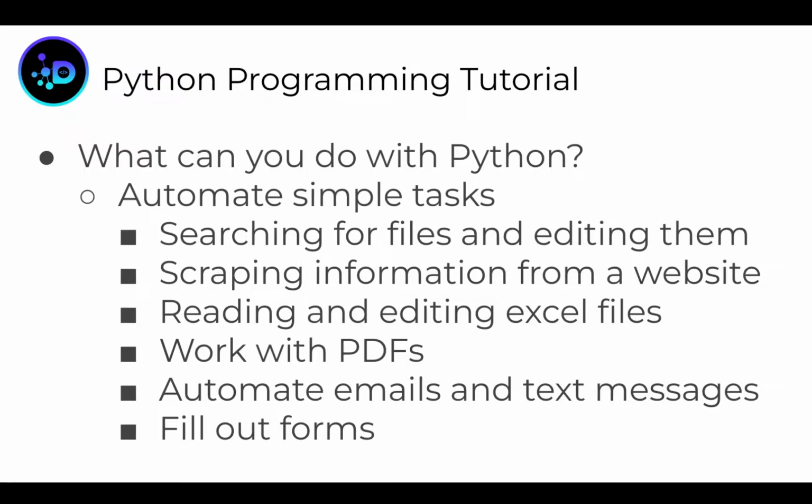So the next one is scraping information from a website, right? So when it comes to working with web scraping also, right, we have different libraries that you can use for scraping your projects. For example, we have Selenium, we have Beautiful Soup. So for example, if you want to get some useful information from a particular website, you can use Python to actually scrape that information.